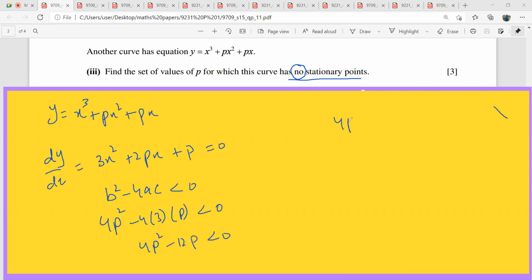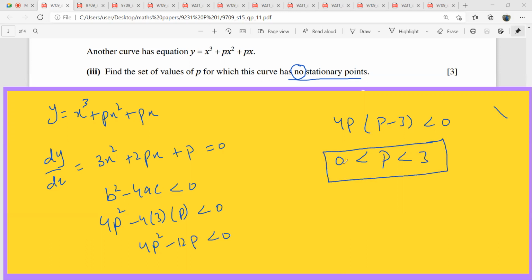I take 4p common, so p minus 3 is negative. Remember, when there is a less than sign, your p is going to be between the two values: one is 0, the other is 3. And if there was a greater than sign, then the solution would be outside these two values. So you see how in an exam question the whole of your syllabus is being tested simultaneously.